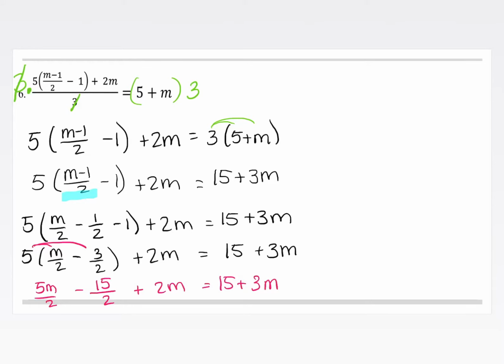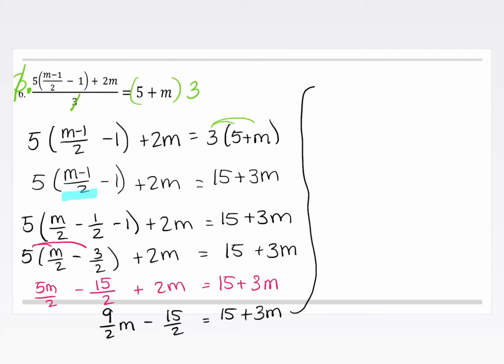So this will actually get me 9/2 m minus 15/2 equals 15 plus 3m. I'm going to rewrite this up here just for more space. So 9/2 m minus 15/2 equals 15 plus 3m.